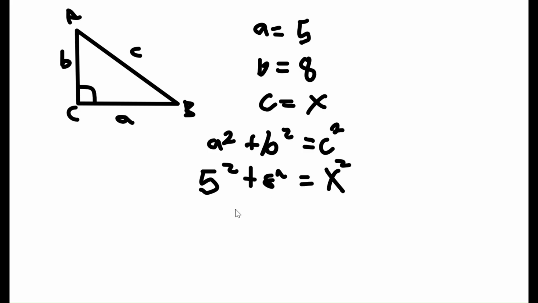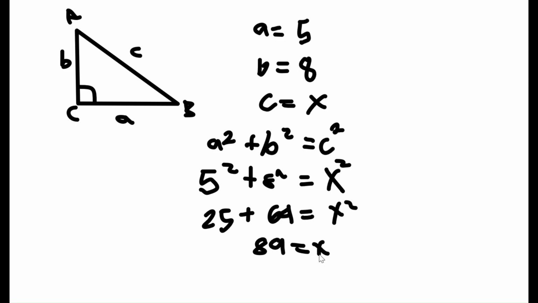So 5 squared is 25 and 8 squared is 64. So 64 plus 25 is equal to 89, which is equal to x squared.